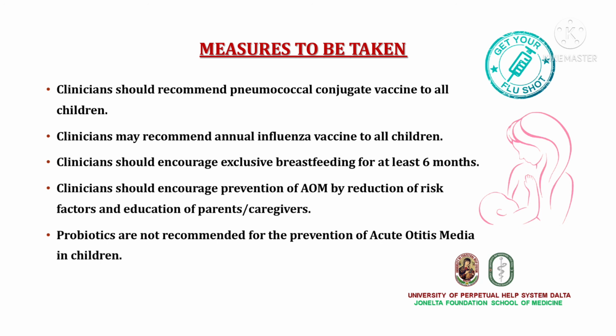Also, we will encourage exclusive breastfeeding for at least 6 months, because we know that breast milk has lactoferrin and secretory IgA antibody, right, that protect the child from infections. And also we will encourage prevention of acute otitis media by reduction of risk factors and education of the patient and the parent, right? We know that socio-economic status and smoking are risk factors for acute otitis media. So these are all the measures that we will take into consideration while treating an acute otitis media patient.